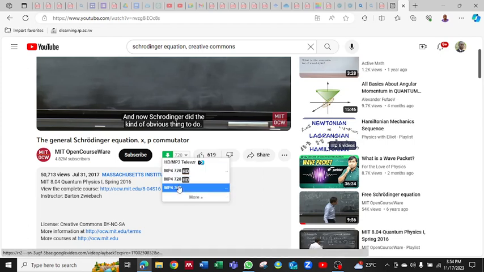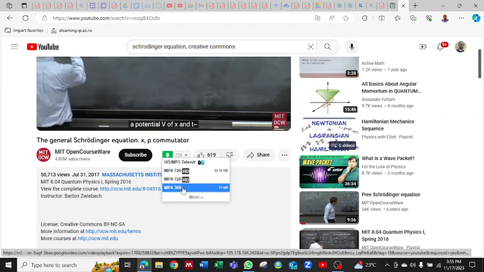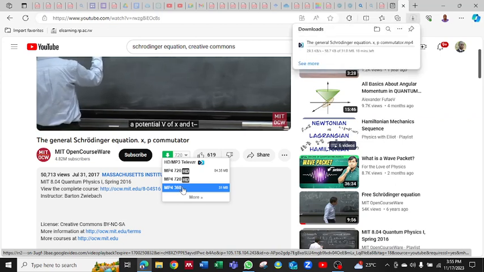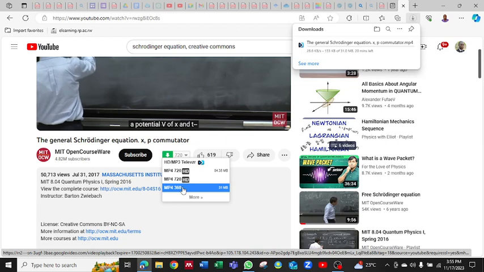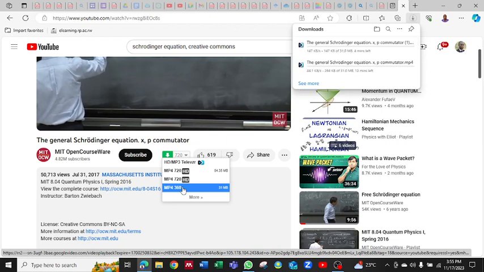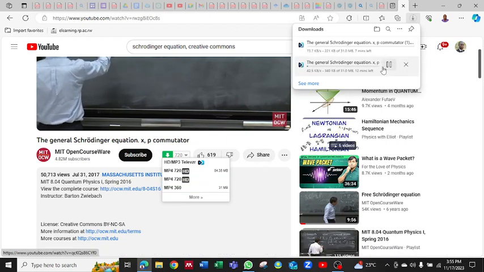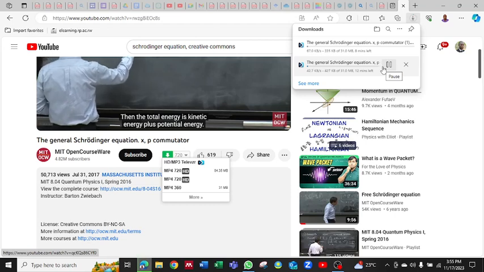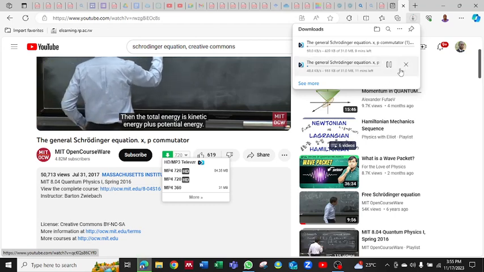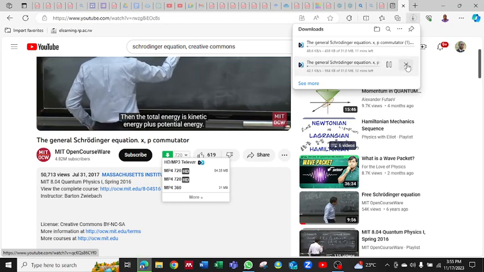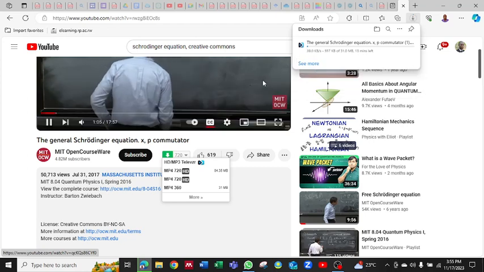Schrödinger did the kind of obvious thing to do. Said, well, suppose I have a particle moving in a potential V of x. Then the total energy is kinetic energy plus potential energy.